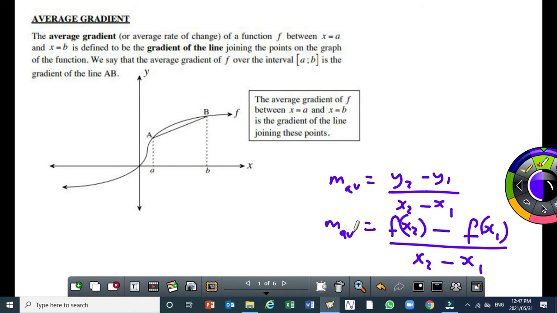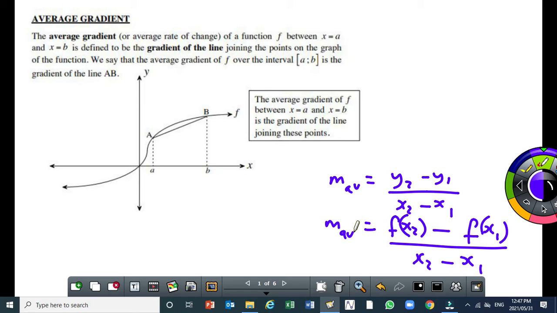So this is the concept of average gradient. These two are interchangeable, but when you are dealing with nonlinear functions like a quadratic, exponential, and so on, we're supposed to use the second one.